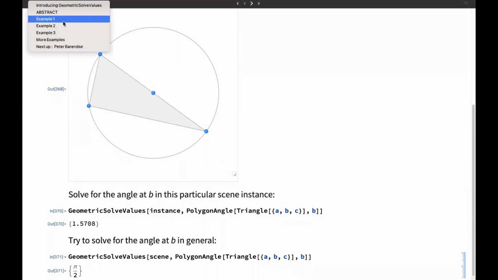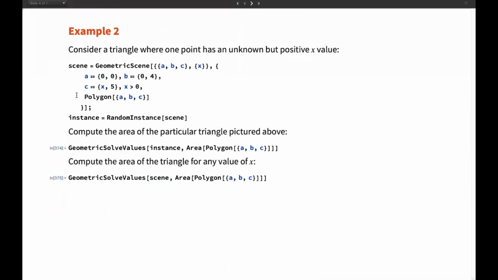So let's look at another example. Now let's consider a new scene where we've got one point C that hasn't fully been specified. It's got a y coordinate, but we don't know the x coordinate. We just know it's positive, and the other points in the triangle have been specified.